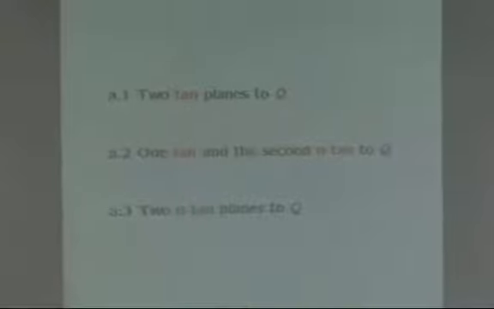So we have the three cases. When the two planes are non-tangent, the second case, one is tangent and the second is non-tangent. The third case, the two planes are tangent. And in each case, we have three values which can appear.